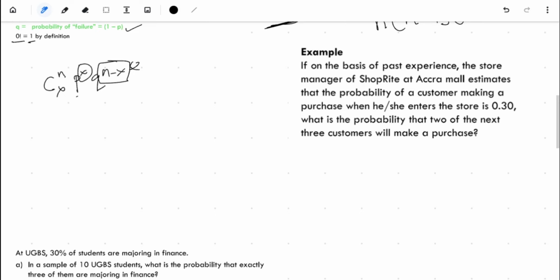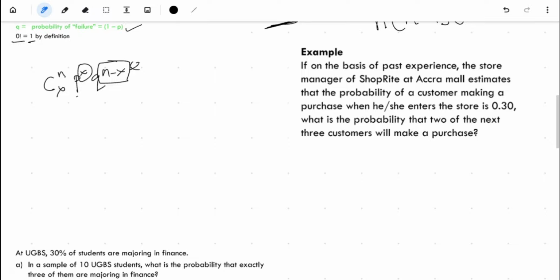They said, if on the basis of past experience, the store manager of ShopRite at Accra Mall estimates that the probability of a customer making a purchase when he or she enters the store is 0.3, what is the probability that 2 of the next 3 customers will make a purchase? So, let me start again.